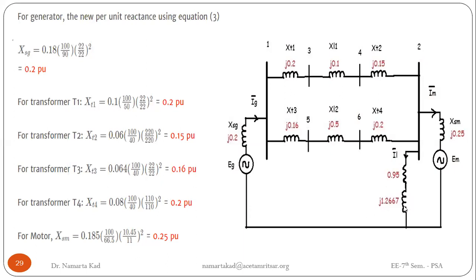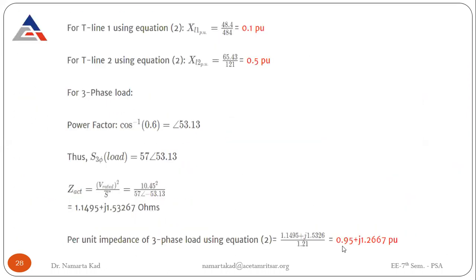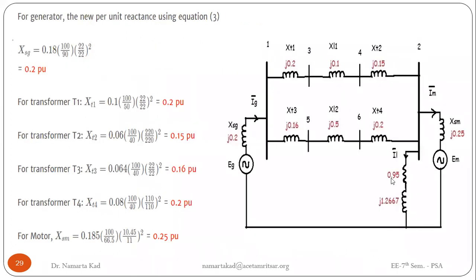And the three-phase load, this one 0.95 plus j1.2667. So this is how to write the final readings on the circuit diagram for the reactance diagram.